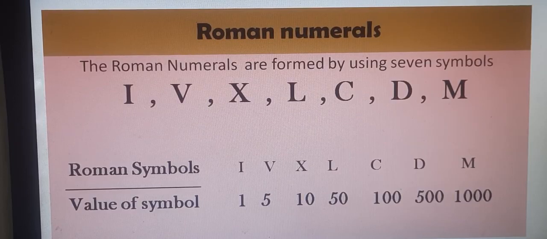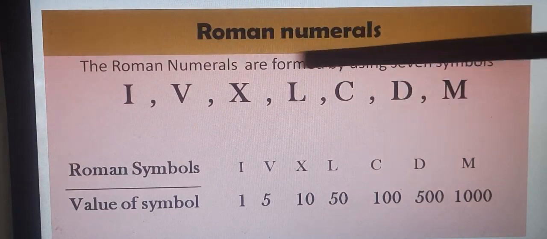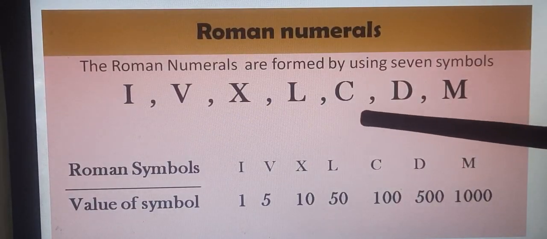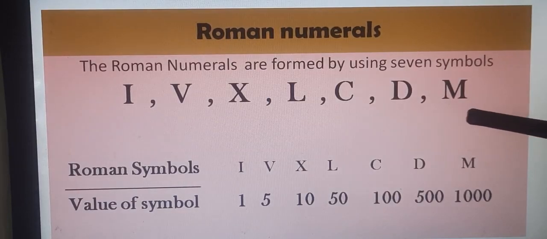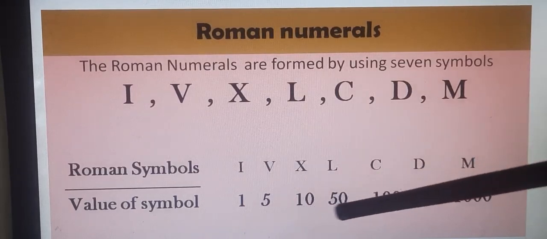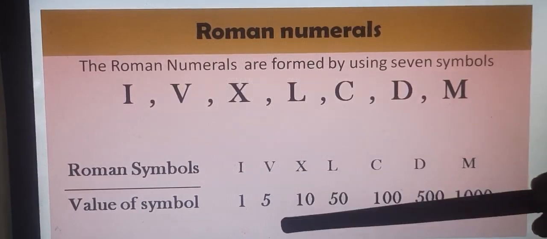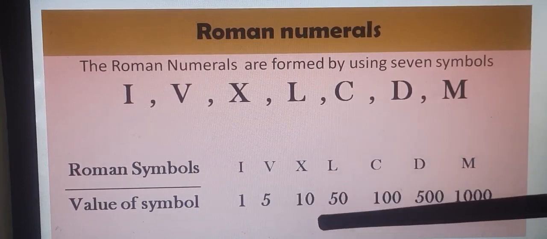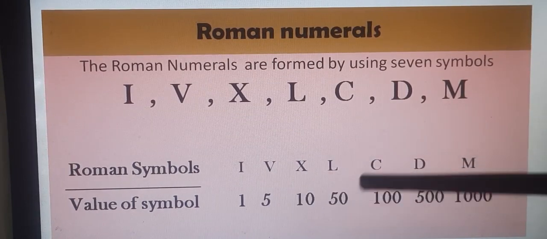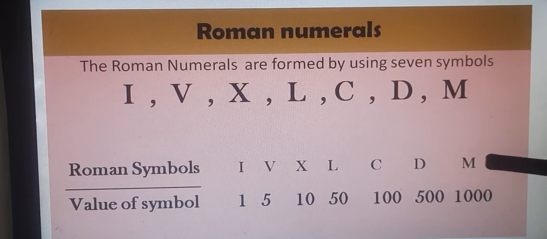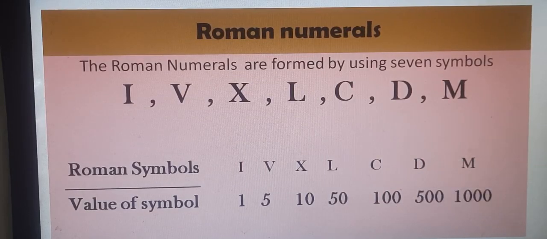The Roman numerals are formed by using 7 symbols: I, V, X, L, C, D and M. The values of these symbols are: I 1, V 5, X 10, L 50, C 100, D 500 and M 1000.